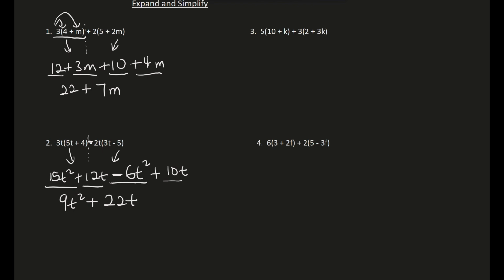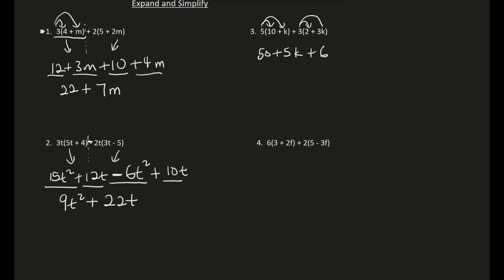You can also pause the video here and work out question 3 and 4. And then when you're done, you can mark. Now let's move on to question 3 and 4. So 5 times 10, that gives us 50. 5 times k, that is 5k. And then we have plus 3 times 2, that gives us plus 6.